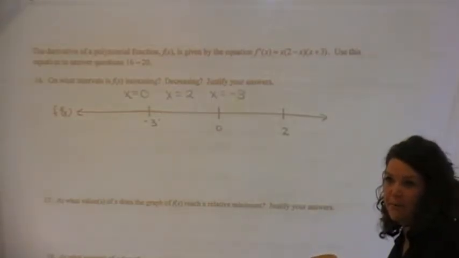Checking numbers. And remember, all you're really concerned about is whether or not it's positive or negative. So this is super easy if you'll just check pieces at a time.